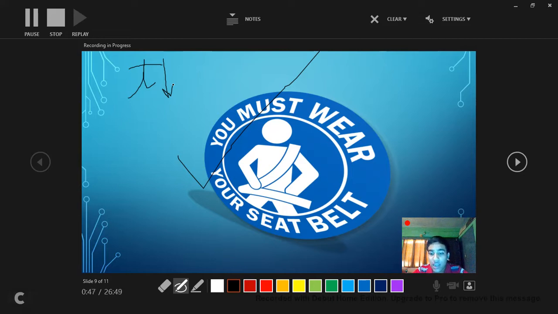If you suddenly apply brakes, inertia of motion acts, which helps you resist a change in your state of motion. So you fall forward. But we can reduce the chance of injury. How? If you do not wear the seat belt, the time taken is less.